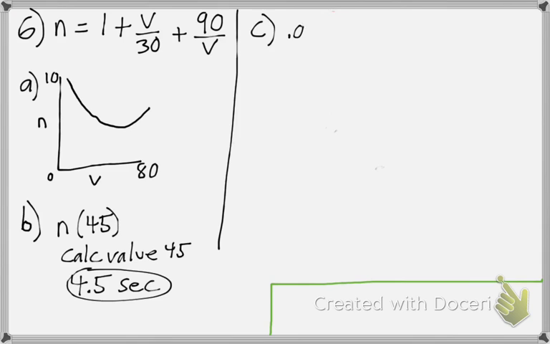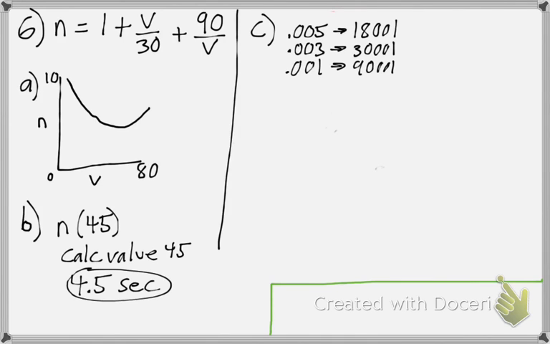So if you plug in 0.005, you're going to get 18,001. If you plug in 0.003, then you get 30,001. 0.001, I get 90,001. So I'm approaching 0.